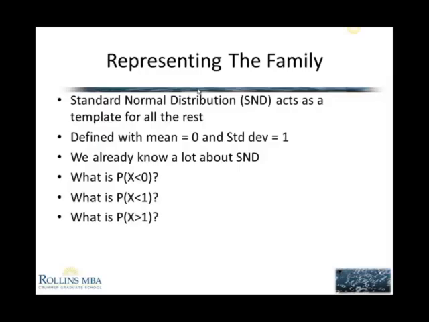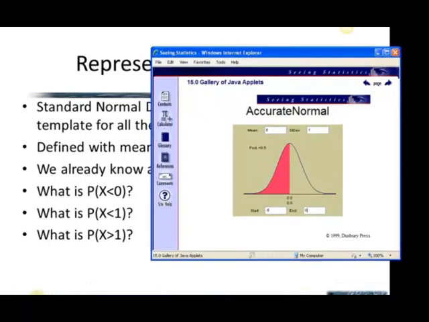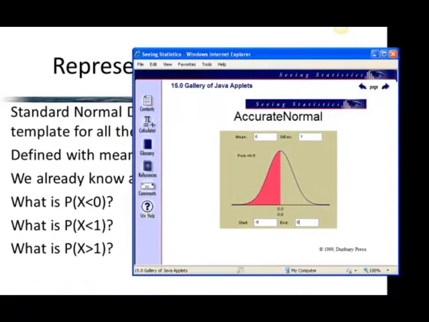All of these are things that, if we think back to our thoughts about symmetry, and to our ideas about the empirical rules based on standard deviation, we can think through. And again, I'll use this applet to illustrate. This is, again, a normal distribution, and I've put in a value for the mean at 0 and a value for the standard deviation at 1.